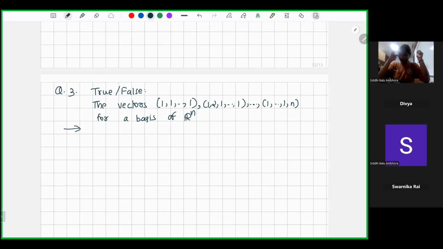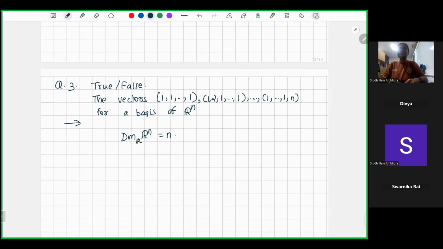So we know that dimension of R^n over R is n, and there are n elements here.